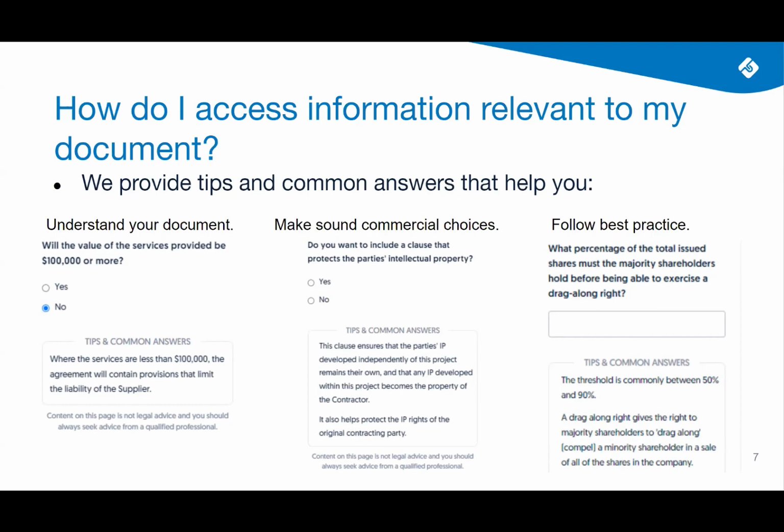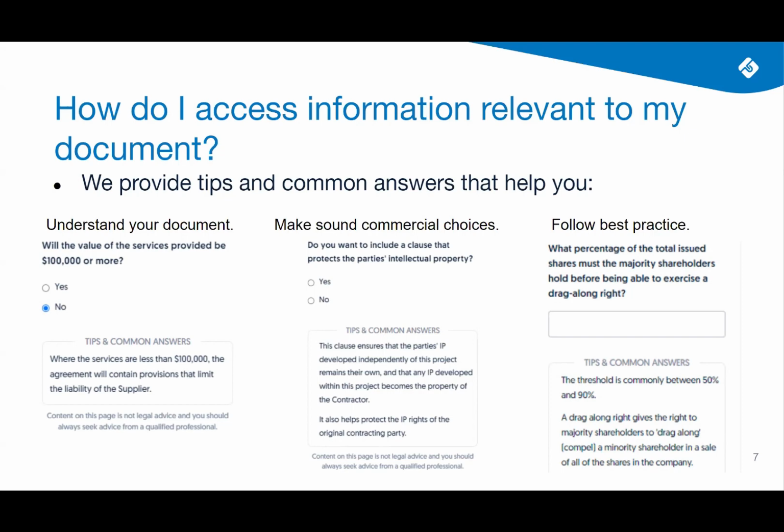Of course, you can also do trial and error. But if this is how you're going about answering a document, seeing what is triggered by each answer, then you should be very careful that you're actually looking at the document as a whole and that you're taking it very slowly to make sure that it reflects your actual needs. And so we also provide information to help you make sound commercial choices.